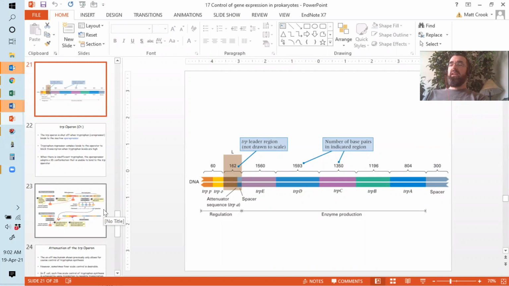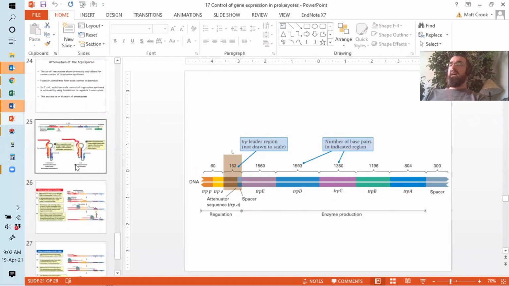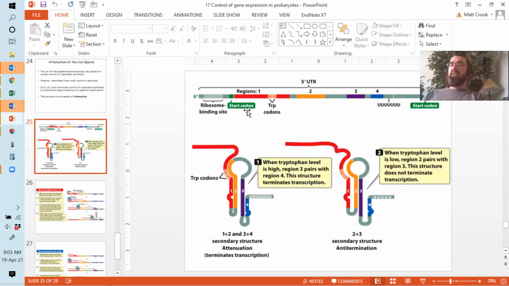And remember, this is a stretch of mRNA, so this is transcribed, and it begins to be translated. And then the transcription and translation occur in lockstep, right? They occur at the same time. Well, obviously, once enough mRNA has been produced. And this leader region, this mRNA, has two possible.